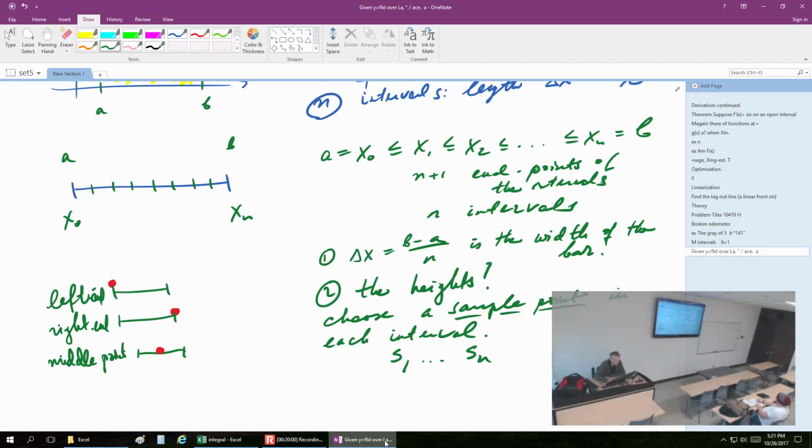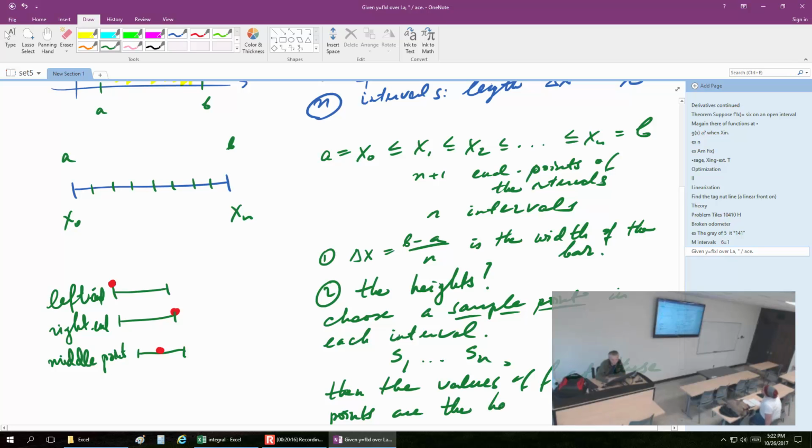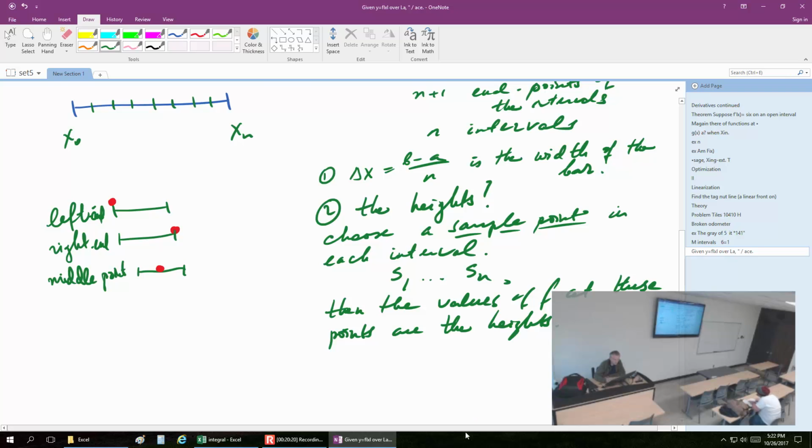So n intervals and n sample points, and the values of f at these points will be the heights. Okay, so that's all there is.